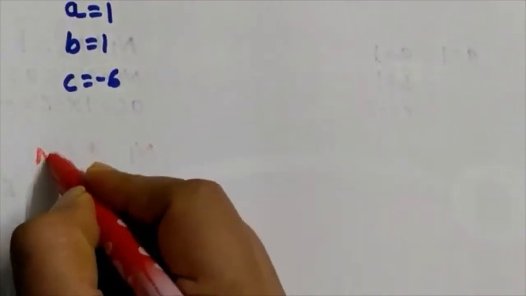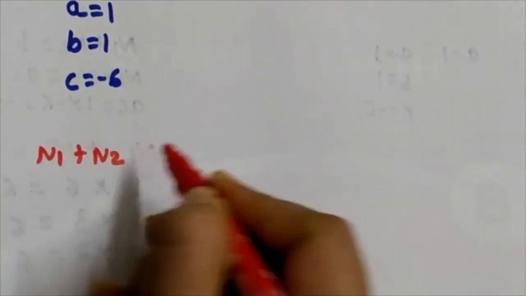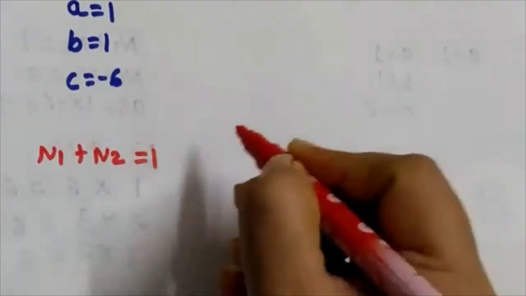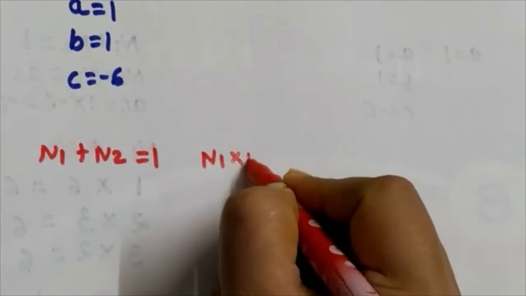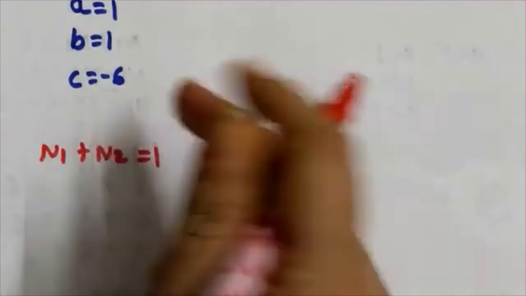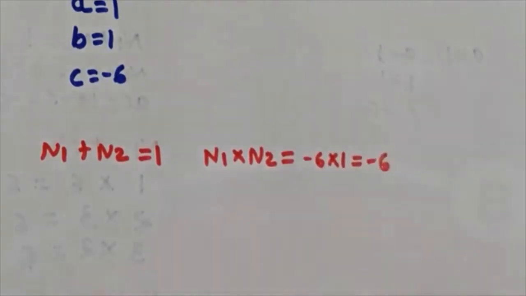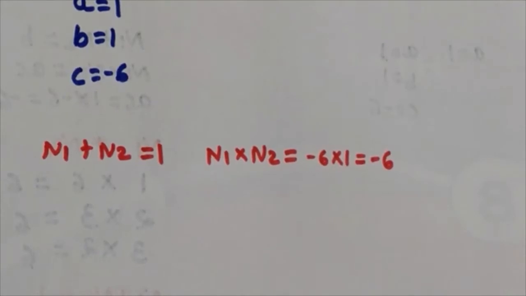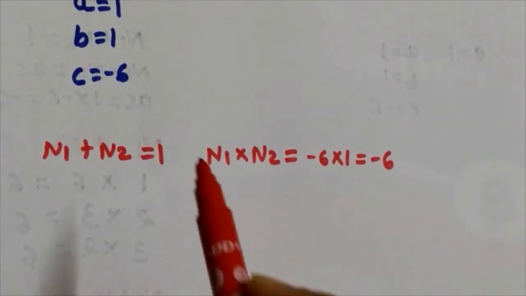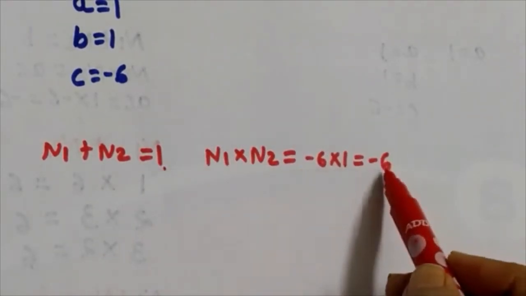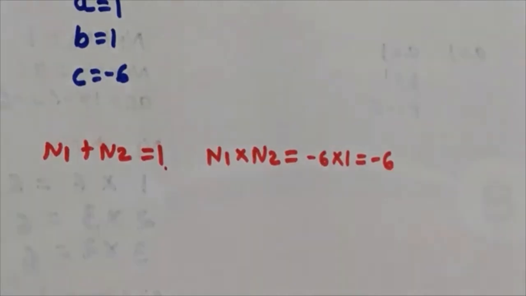Here n1 plus n2 is equal to b, that is 1, and n1 multiplied by n2 is equal to ac, that is minus 6 multiplied by 1 is equal to minus 6. Now we need to think of the combination where sum of two numbers is 1 and product of two numbers is minus 6. So let's observe the combinations.